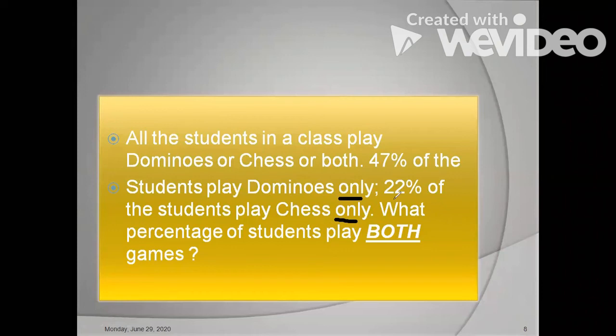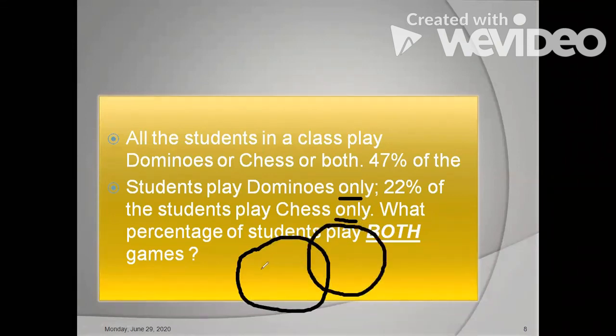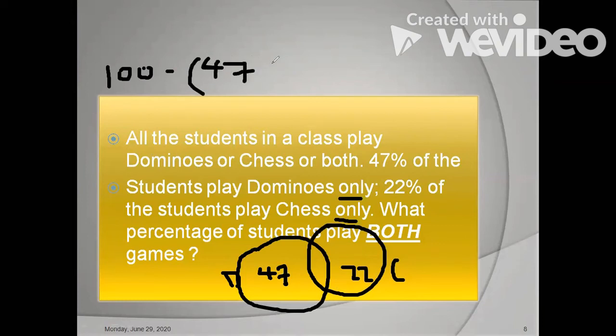So basically, if we want to know what's in the center, all we need to do is add the 47% for the dominoes with the 22% for the chess, and then subtract it from 100. So we have 100, subtract 47 plus 22.